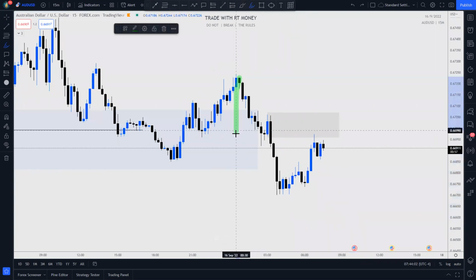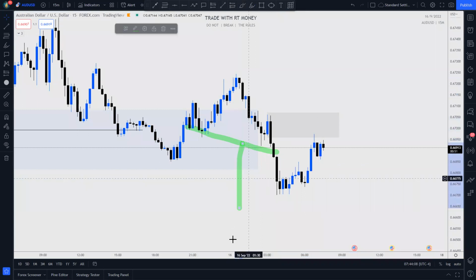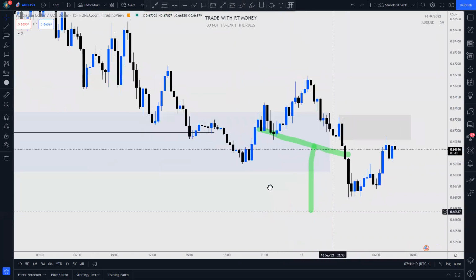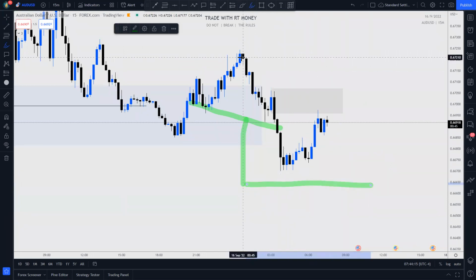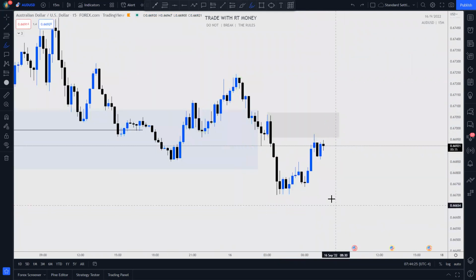If we do a measured move from the top to the neckline, we would be expecting price to reach here, and that would be perfect, because we're looking at a bearish leg, a correction, and another bearish leg. That would work out nice, but that's not something you base trades on.